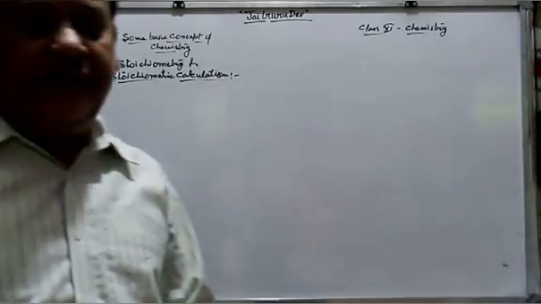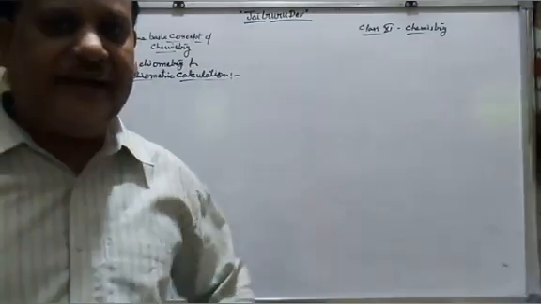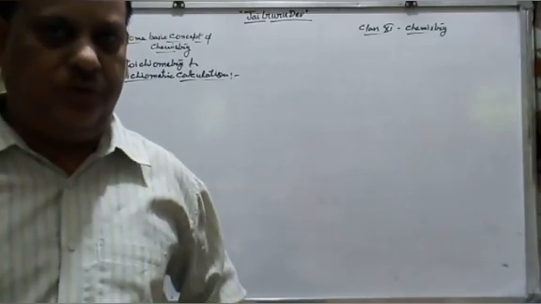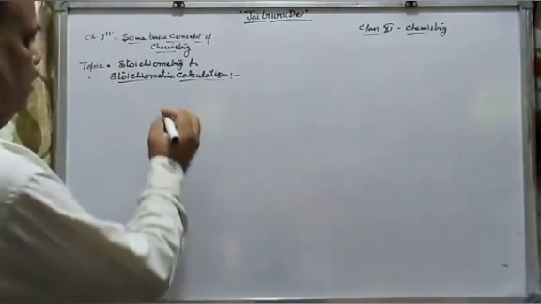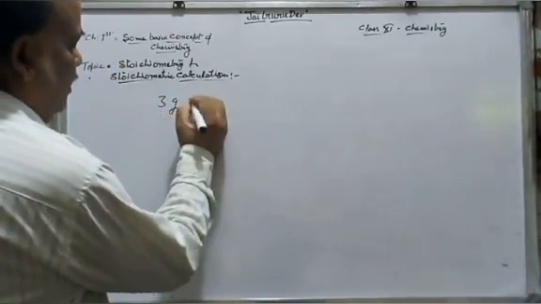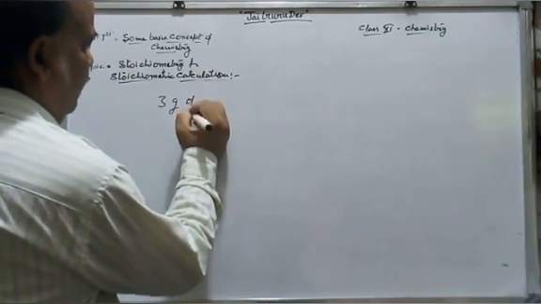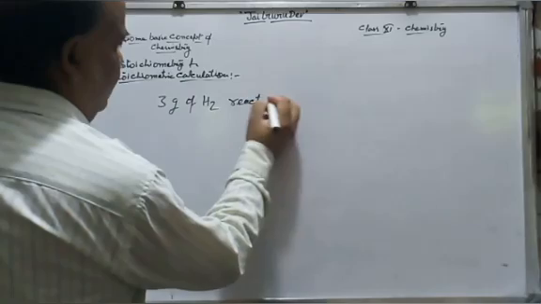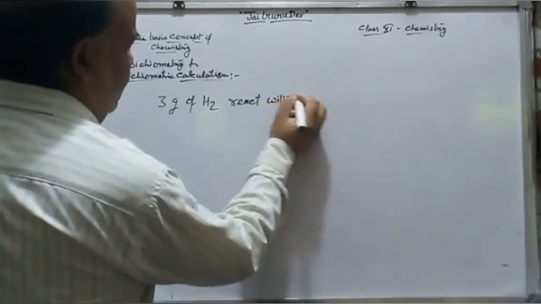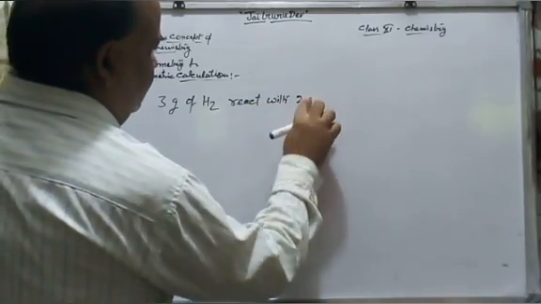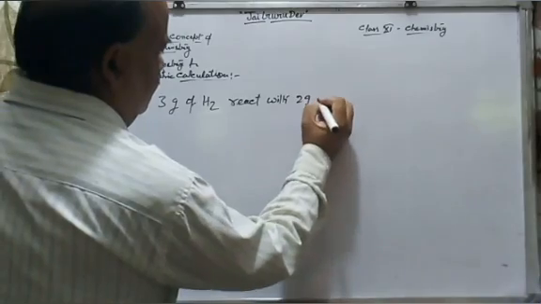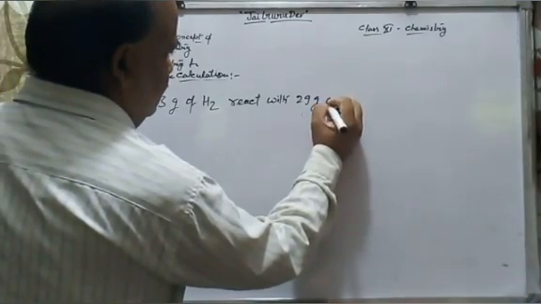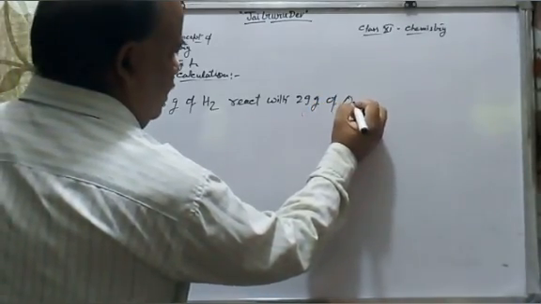Three gram of hydrogen reacts with 29 gram of oxygen to form H2O. 3 gram of hydrogen reacts with 29 gram oxygen.